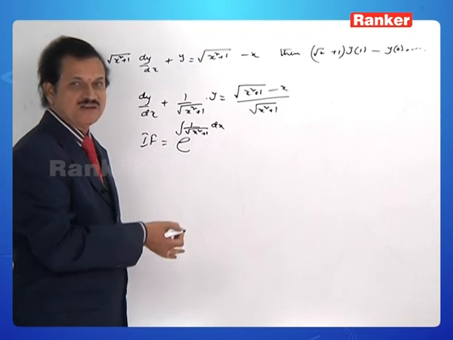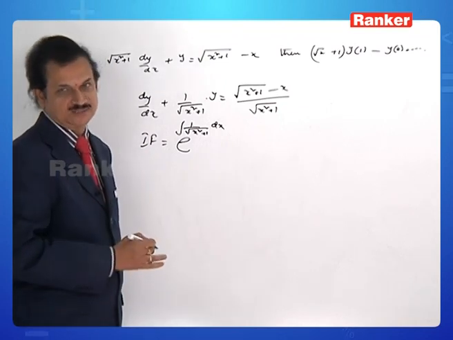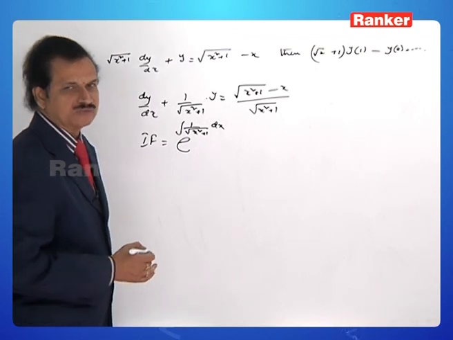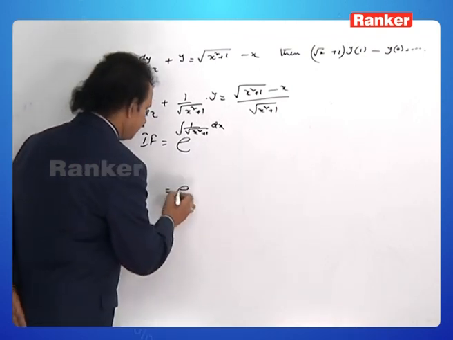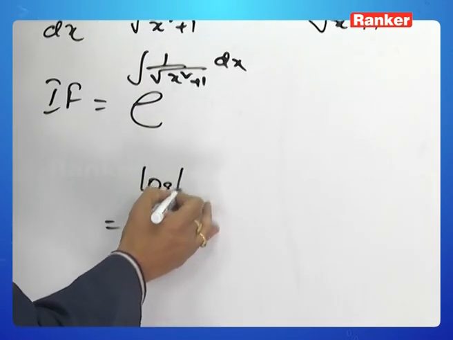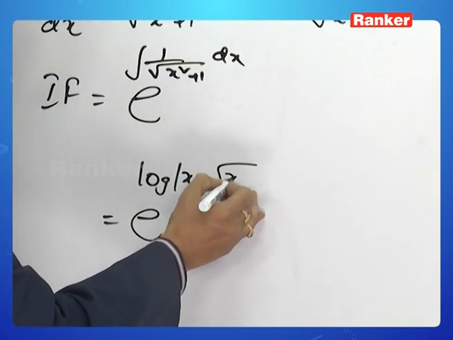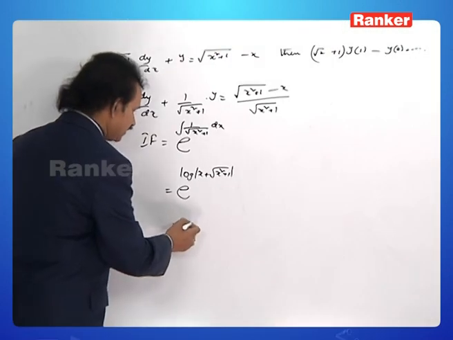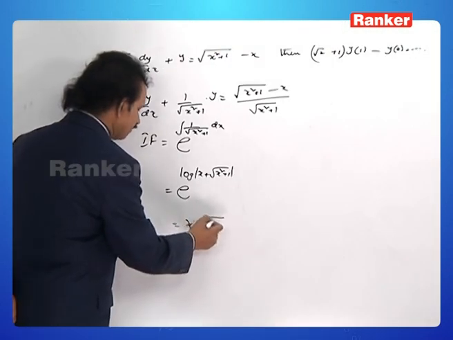Which is beneficial for us? Which saves time for us? Log|x + √(x²+1)| is beneficial here. Why? Because log|x + √(x²+1)| is this integral. Hence it is x plus √(x²+1).